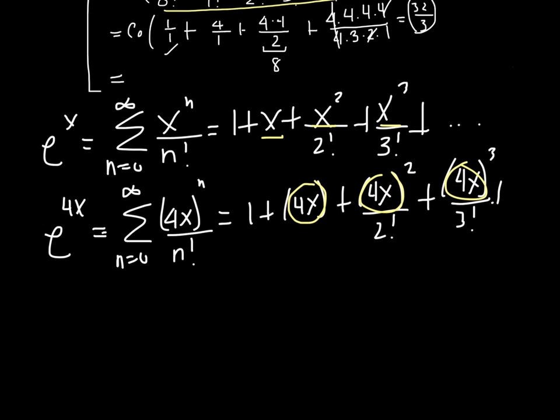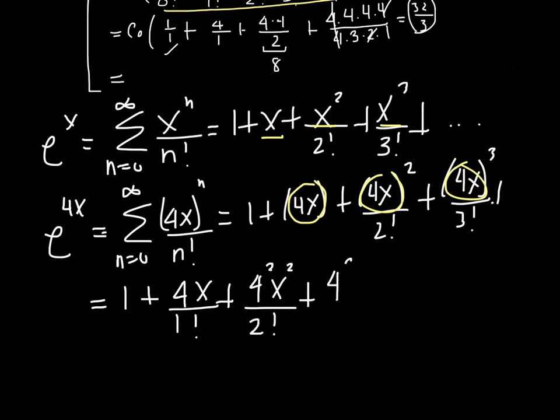We can even rewrite this a little bit nicer. Let's say 1 plus, I can say 4 squared. Actually, that one's not 4 squared. The next one is 4x over 1 factorial plus 4 squared x squared, if I multiply in my x term, over 2 factorial plus 4 cubed x cubed over 3 factorial plus 4 to the 4th x to the 4th over 4 factorial plus dot dot dot.